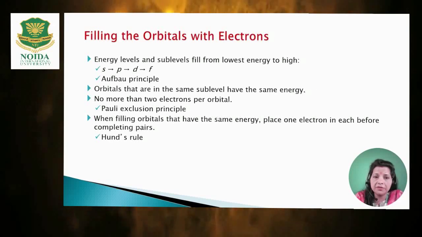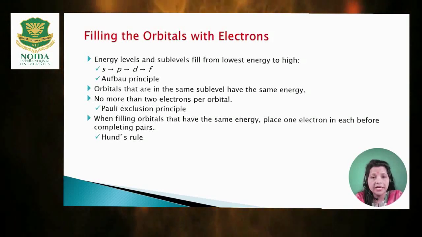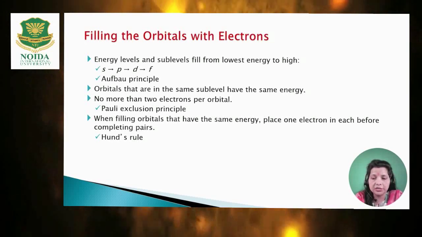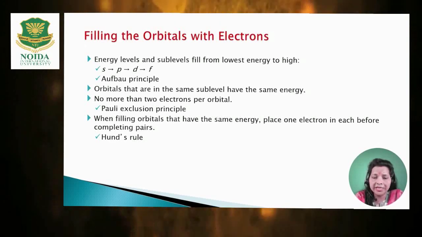So what does the Aufbau principle say? As per the Aufbau principle, energy levels and sublevels fill from lowest energy to the highest. It means whenever you start filling electrons, the electron will first go into the least energy orbital, right? And then what is the Pauli exclusion principle?